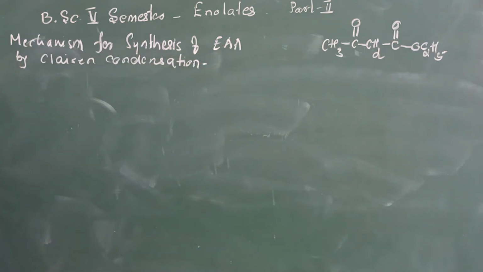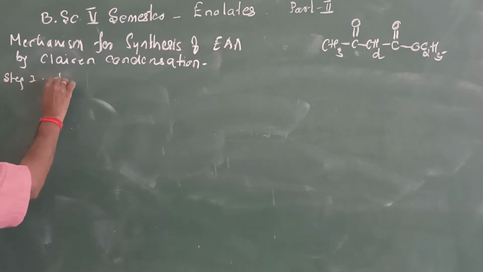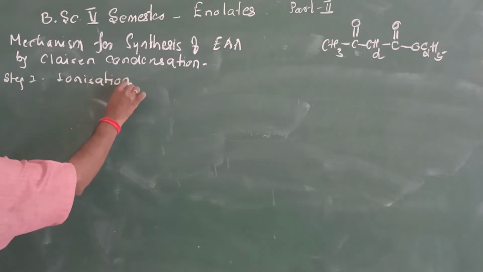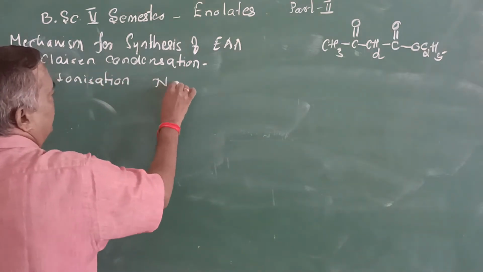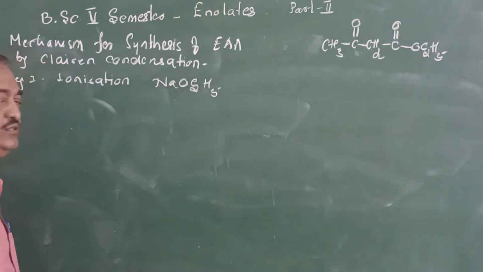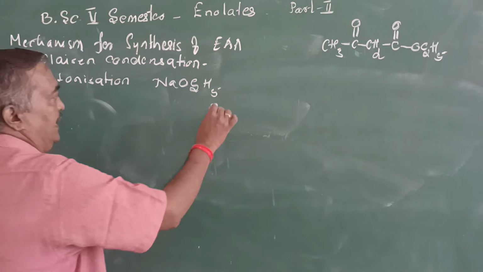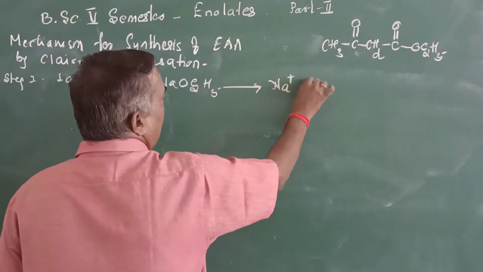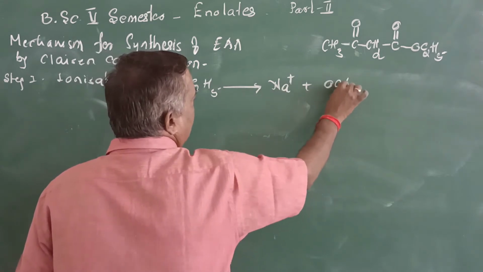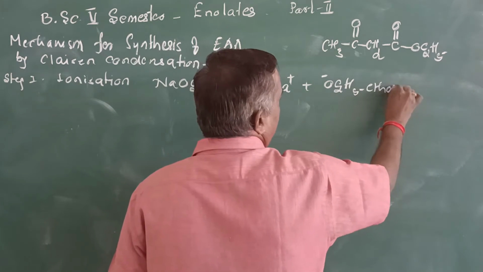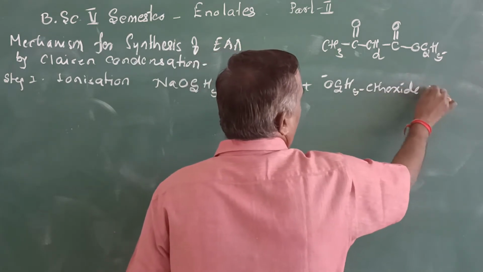The first step is generally the ionization step. What is the exact ionization taking place here? NaOC2H5, this is called sodium ethoxide. This sodium ethoxide undergoes ionization to form Na+ and OC2H5-. This is the ethoxide anion.